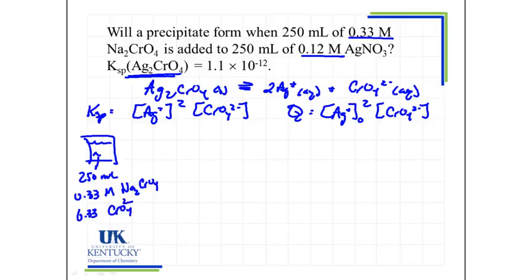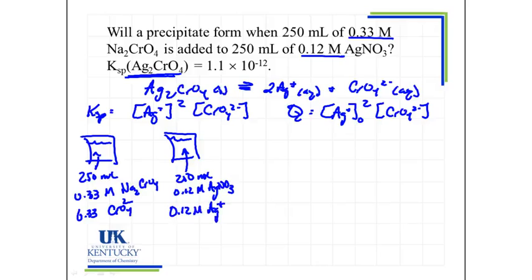Okay, that's one beaker. In the other beaker, we have got the solution that contains the silver nitrate. And there are 250 milliliters of this solution, and it's 0.12 molar AgNO3. What I need to plug into my expression is Ag+, so it's 0.12 molar Ag+.